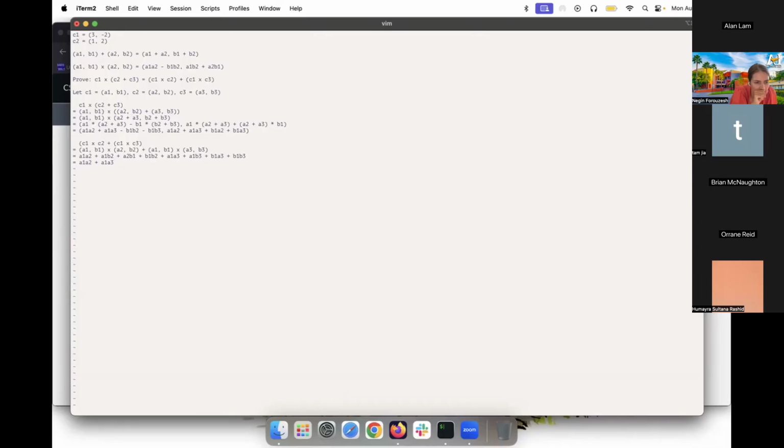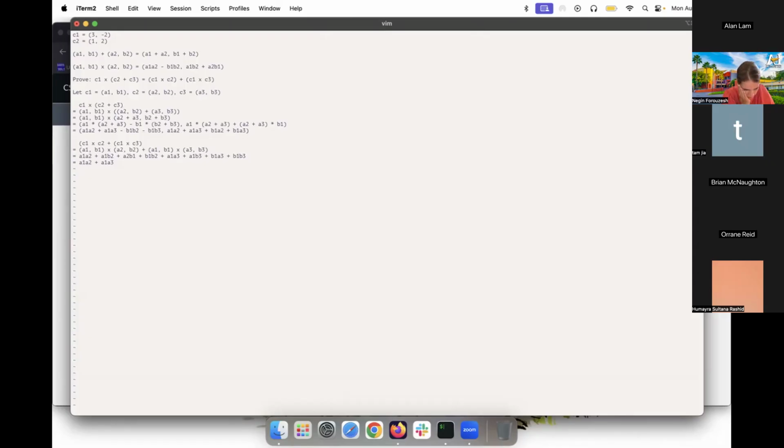So we use the rule of addition, so just add A2, A3, B2, B3. And then this line is simplifying further by using the rule of multiplication for complex numbers. Okay. And then this line is just simplifying further. So then this is what you have from the left-hand side, right?